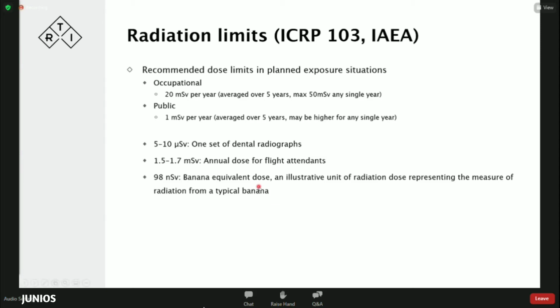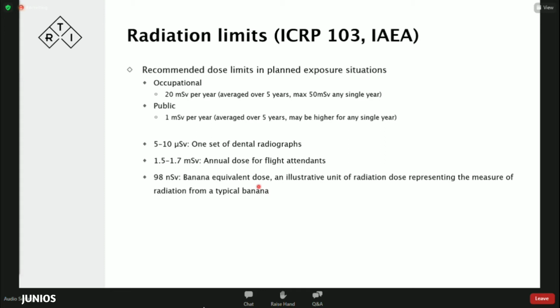One of the daily objects that we might be very familiar with, which is actually radioactive, is a banana. A banana, which contains potassium, has an equivalent dose of 98 nanosievert, and therefore you could have 10,000 bananas per year, or eat 27 bananas per day, if you're just comparing your radiation exposure from eating bananas.